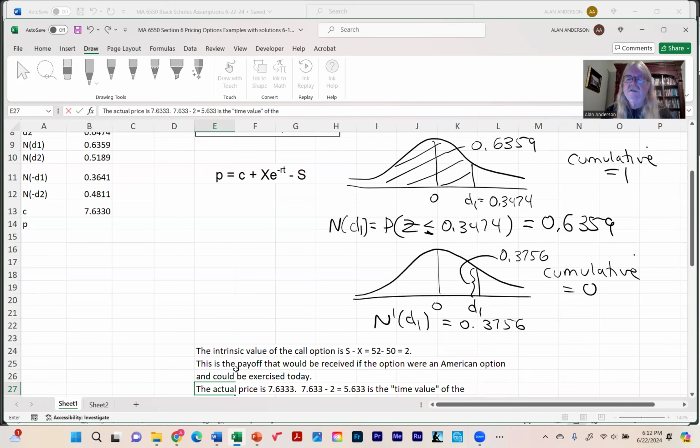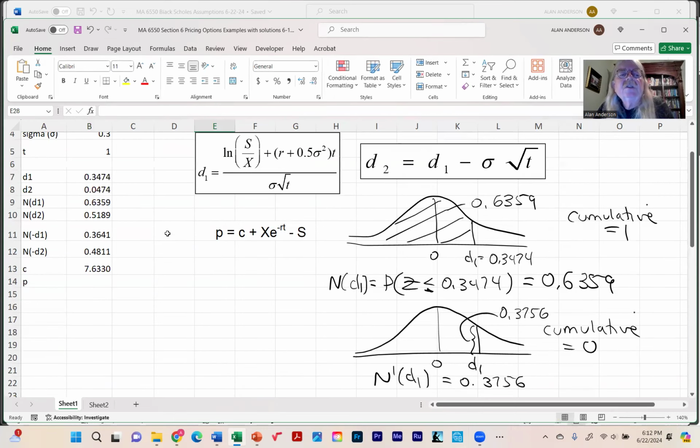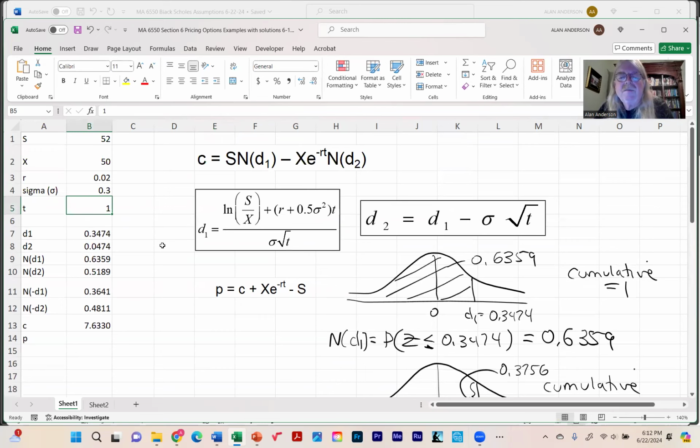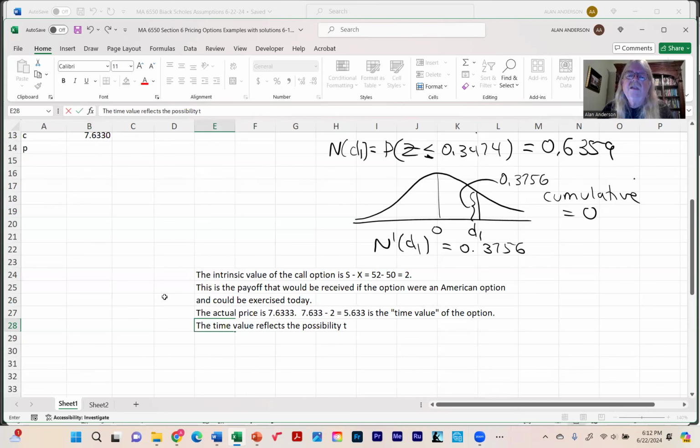Okay, so the reason why it's so high is because this has a full year to maturity. That's a long time for an option. That means what you're paying for is the possibility that the price of the stock will continue to rise and that you'll make even more money with your option. Time value reflects possibility that stock price will continue to rise and provide a higher payoff to the option in the future.